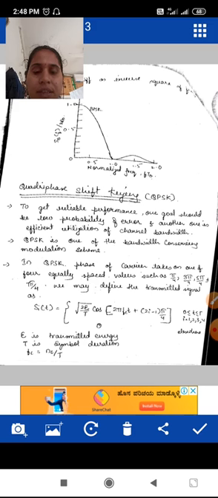E is the transmitted energy per symbol, where a symbol indicates 2 bits, so we are transmitting 2 bits at a time, and T is the symbol duration.